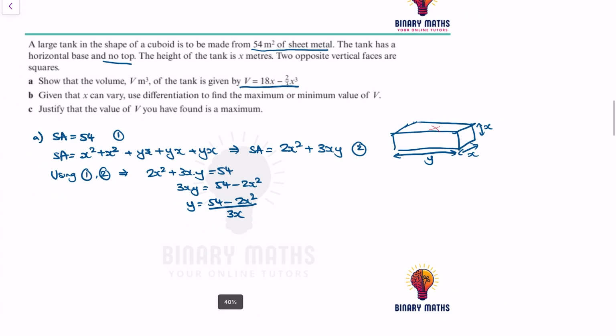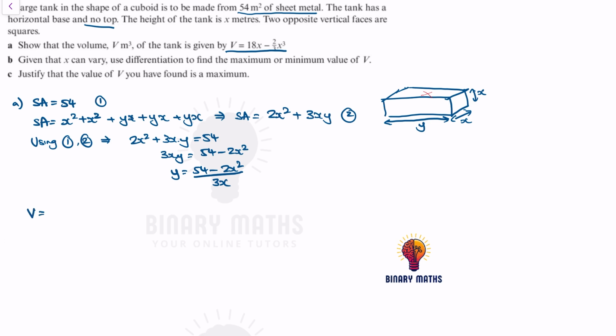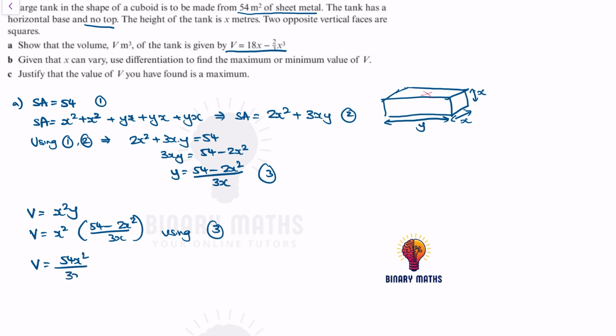Now the volume formula is equal to x times x times y, which is x²y. So V is equal to x² times (54 minus 2x²) over 3x, using equation 3. If I expand this out, V is equal to 54x² over 3x minus 2x⁴ over 3x.